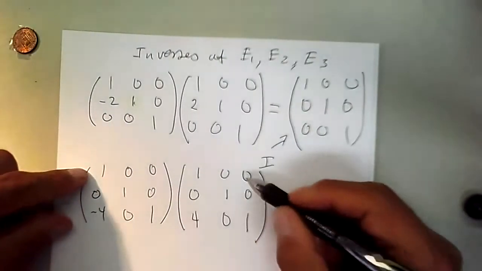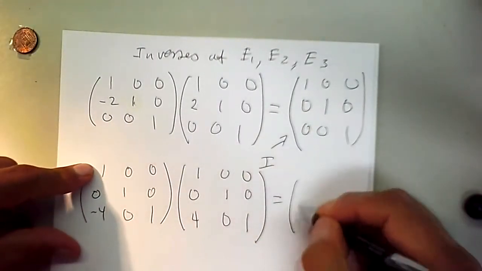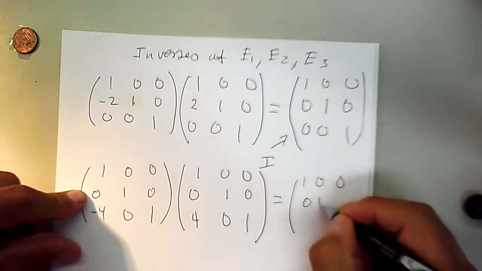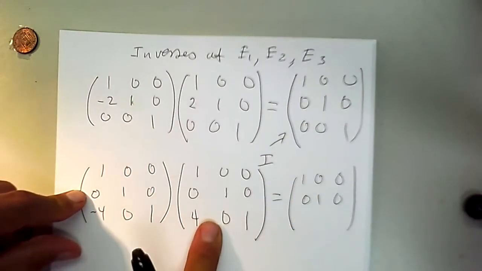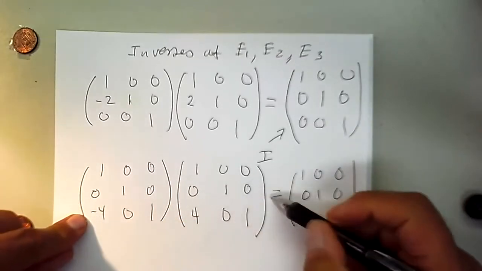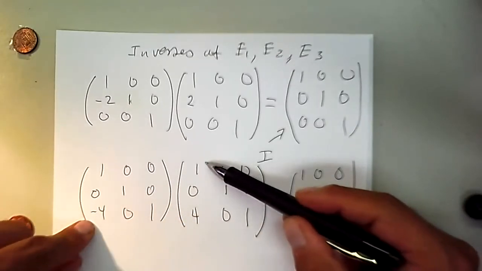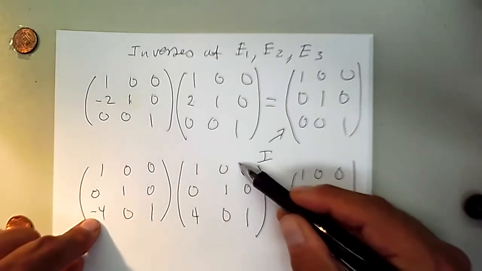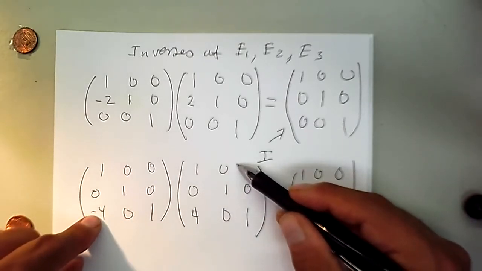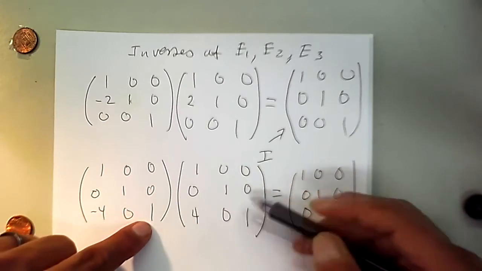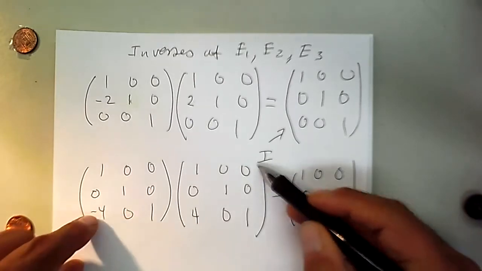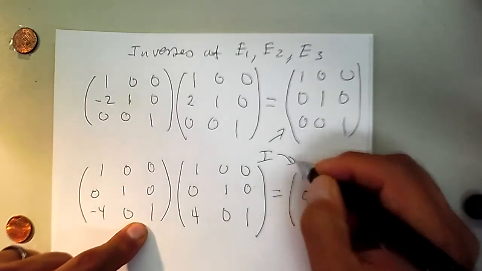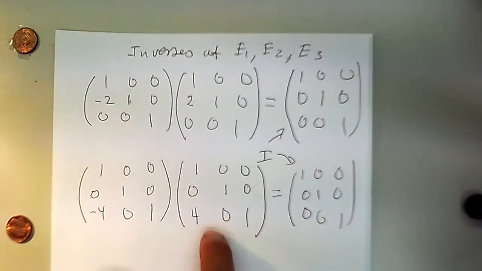First row remains as is, second row remains as is. Third row: negative 4 plus 4 gives us 0, and then 0, 0, 1. Sure enough, we got the identity. So indeed, this is the inverse.